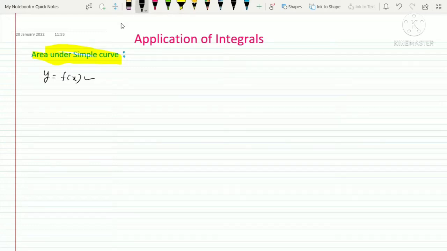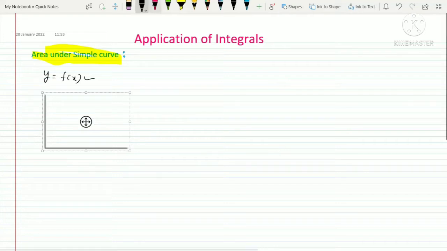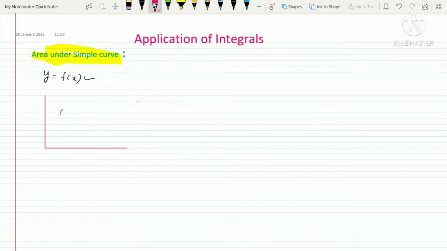Now I will take a coordinate system. Then I will draw the curve. This is a curve, y is equal to f of x.